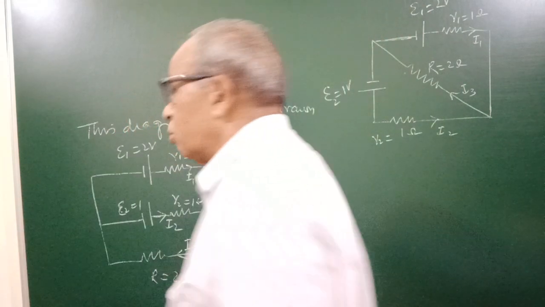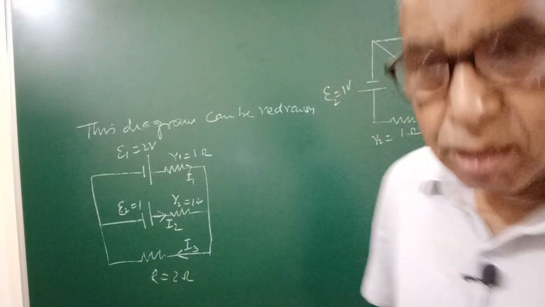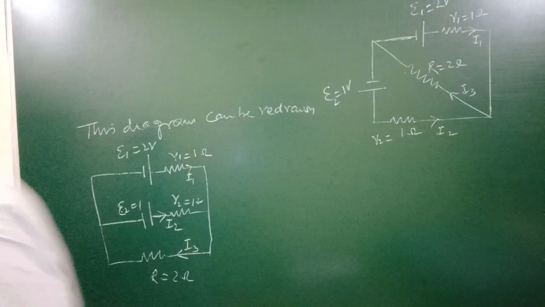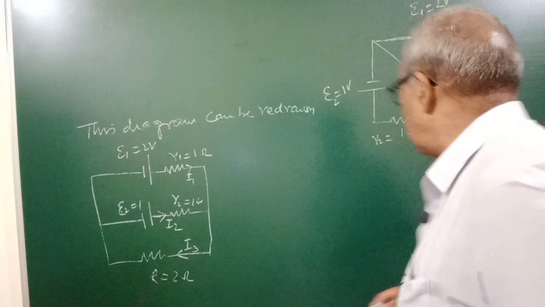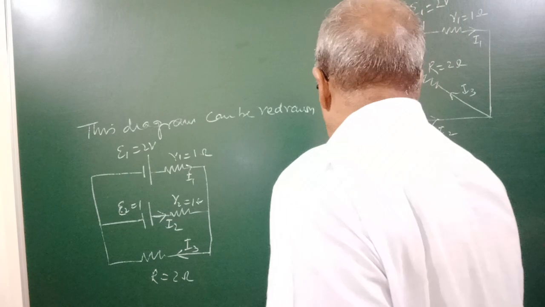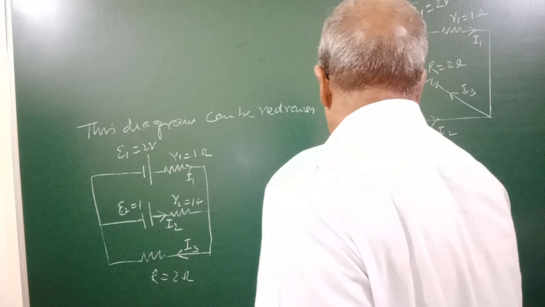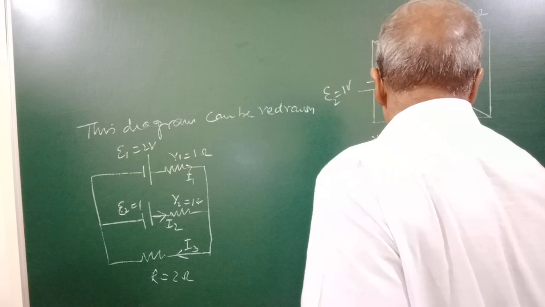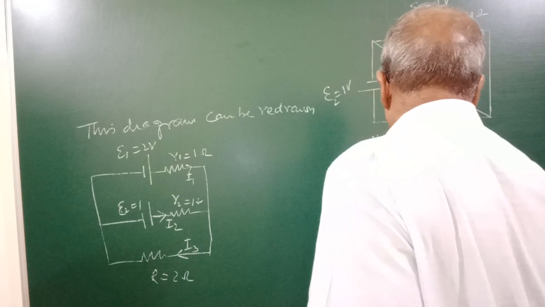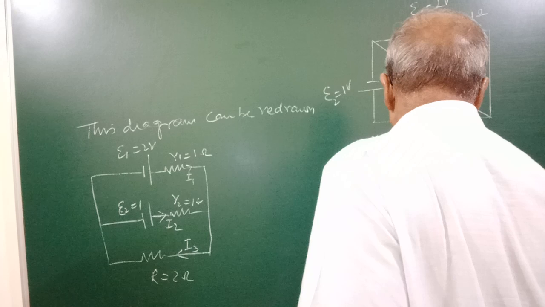We have learnt if two cells are connected in parallel, having internal resistances R1, R2 and EMFs E1 and E2, then E equivalent equals (E1 R2 plus E2 R1) upon (R1 plus R2).